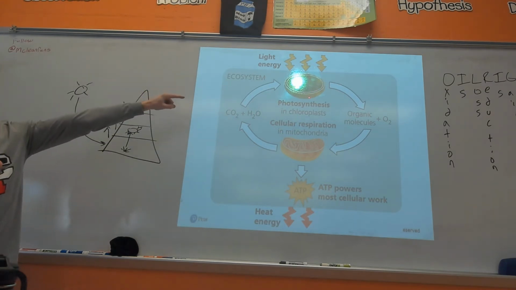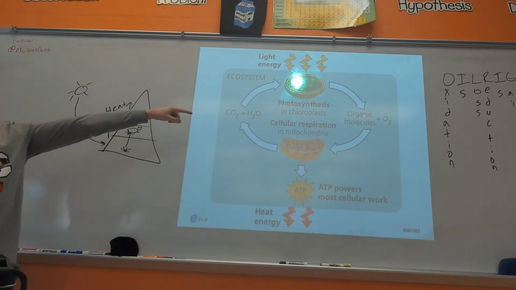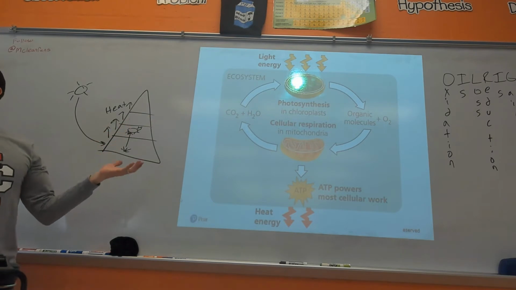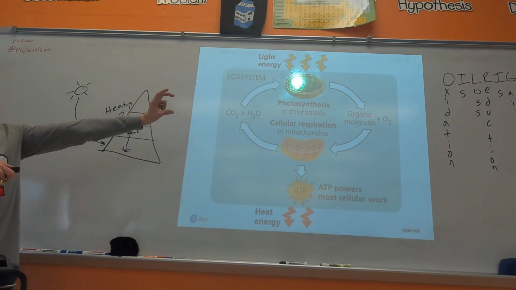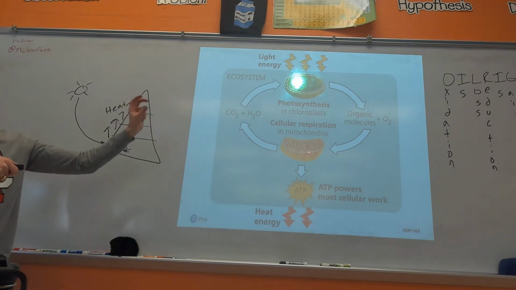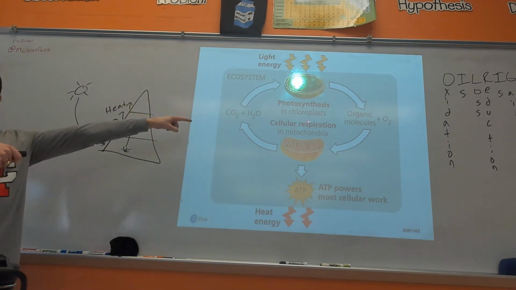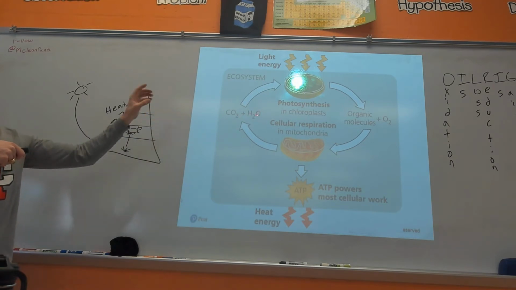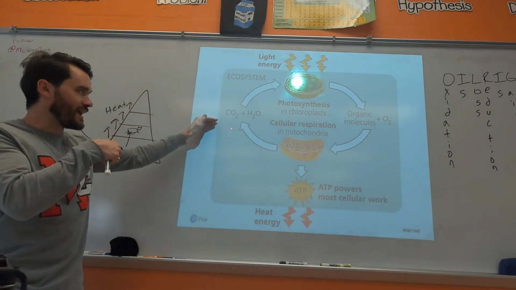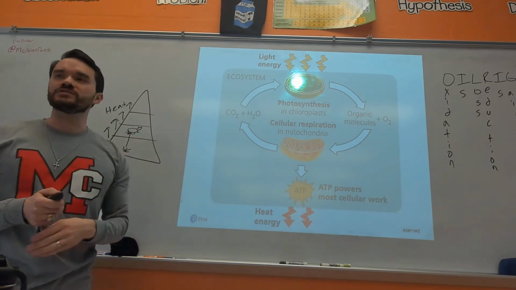So in photosynthesis, we use light energy to make organic molecules, think glucose. We make glucose plus oxygen, and then those products become the reactants that we put into the mitochondria to do cellular respiration. And then the products of cellular respiration, the carbon dioxide and water, are then the reactants that would be used back in photosynthesis.